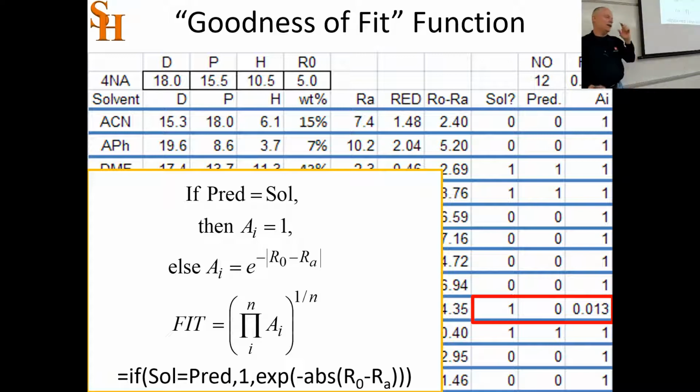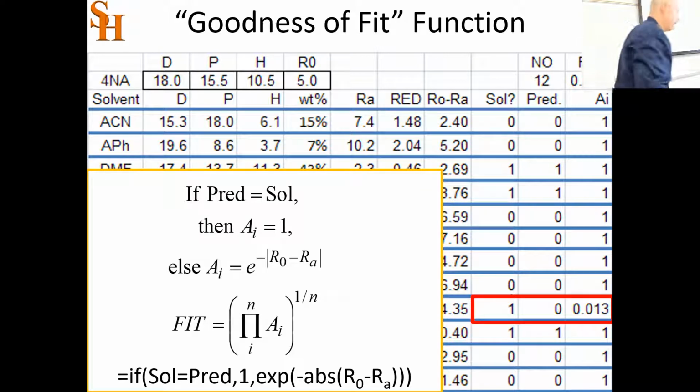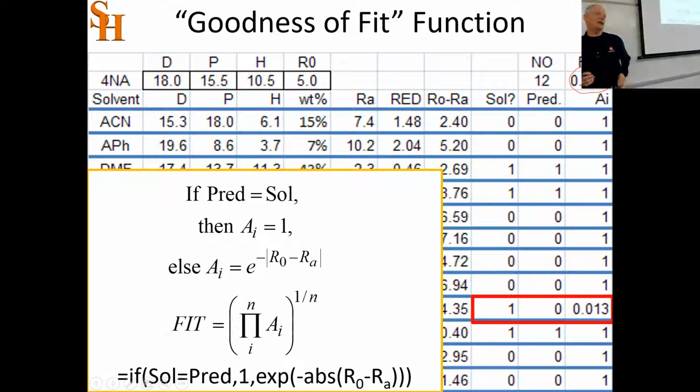And then we raise that to the 1 over n. So it's sort of like squaring a number, taking the square root, only we have like 20 rows. So we have something to the 20th power, this times that times that times that, take the 1/20th root. So it gets it back down on the scale of a single number. And so that's our fit value up here, 0.696. Is that good? We would like that to be 1.